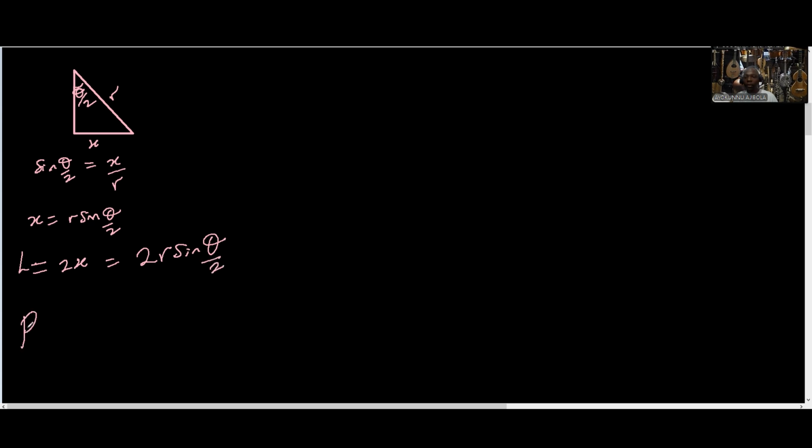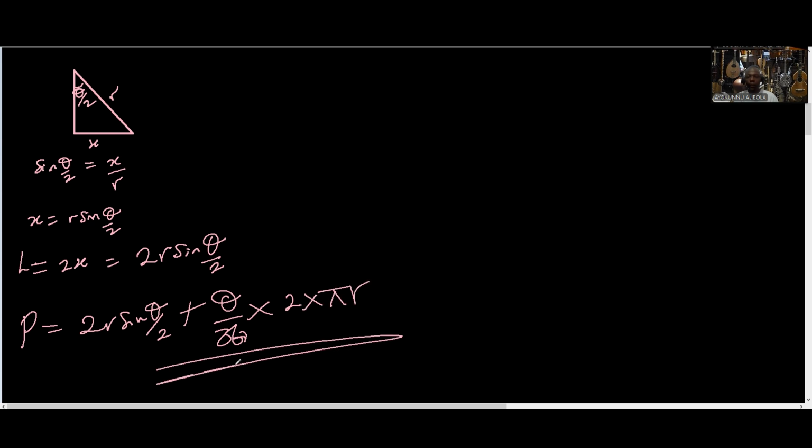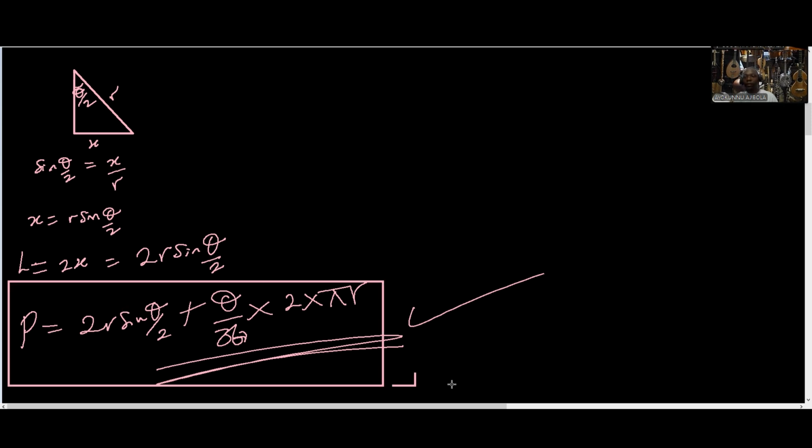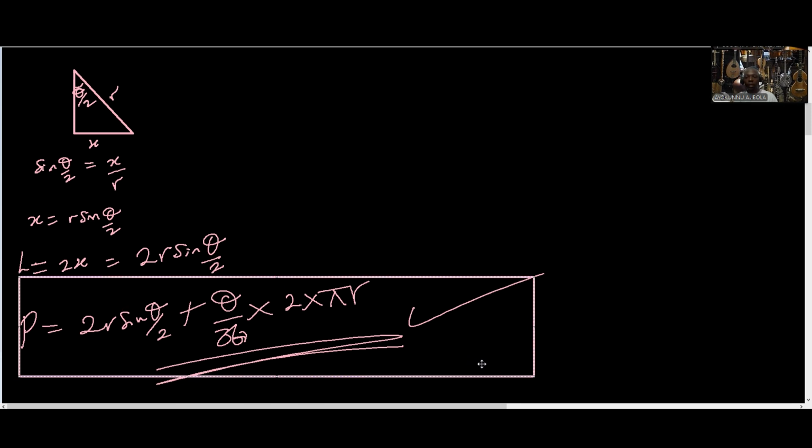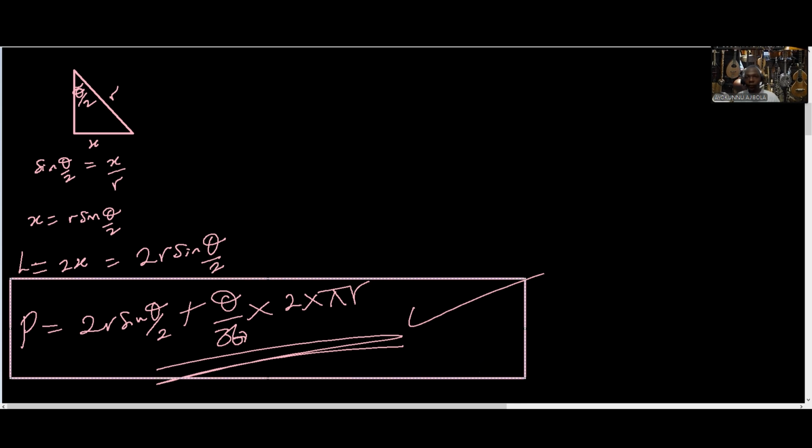Then the formula for the perimeter is 2r sine theta over 2 plus the length of the arc, which is theta over 360 times 2 pi r. So this is the real formula for the perimeter of a segment.